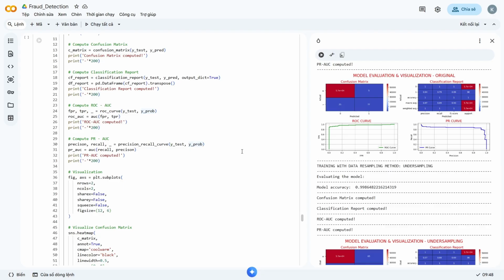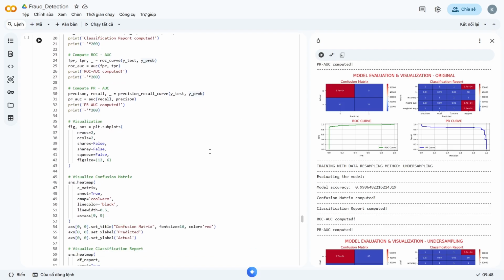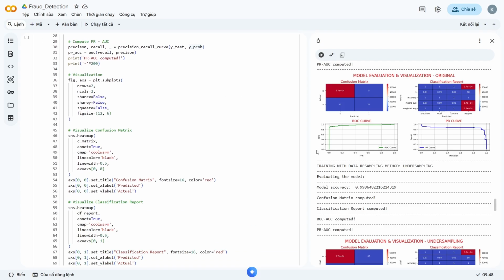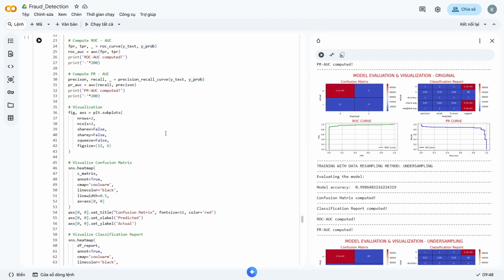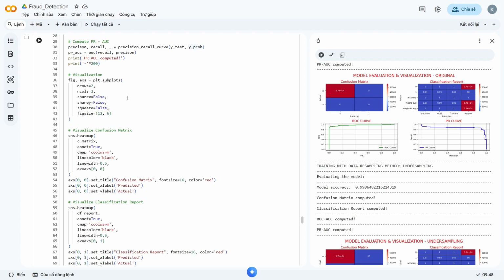So it basically ignores the 99.8% of normal transactions and just zooms in on how well we're doing on that tiny critical group. Precisely. It plots precision, which is, of all the transactions we flagged as fraud, how many actually were, against recall, of all the actual fraud cases that happened, how many did we catch? And there's a huge business trade-off there. Low recall means you're missing fraud and losing money. Low precision means? Low precision means your fraud team is spending all day calling angry, innocent customers.